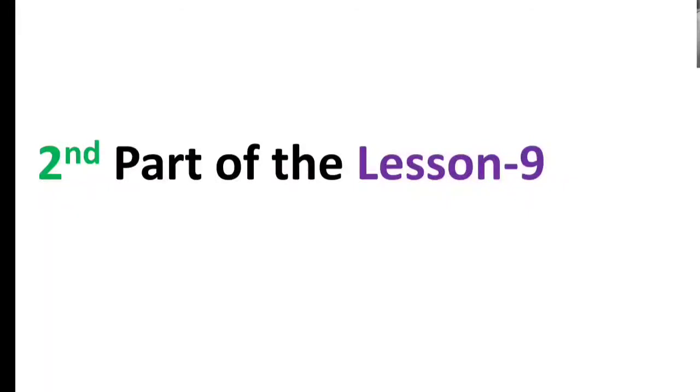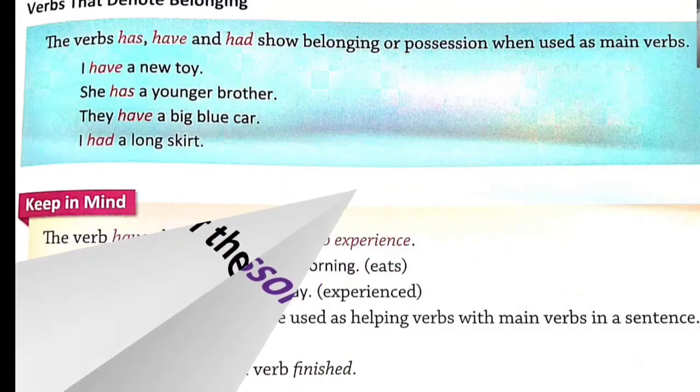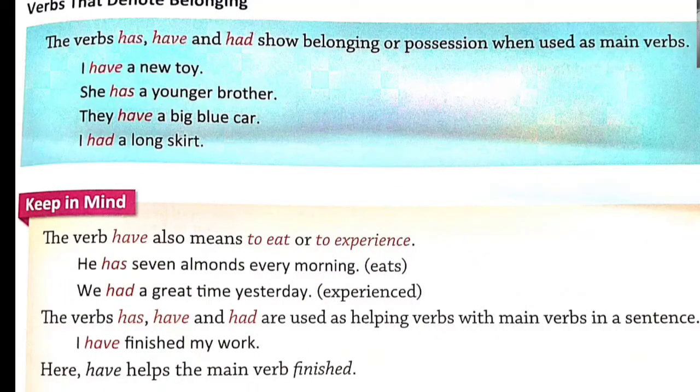So today's lesson number 9, verb that denotes belonging, means the verb that shows belongings, what you possess, what you have. The verbs has, have and had show belonging or possession when used as main verb.